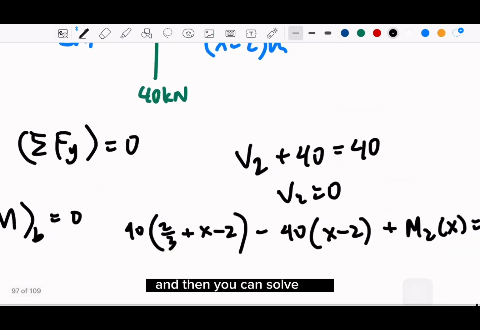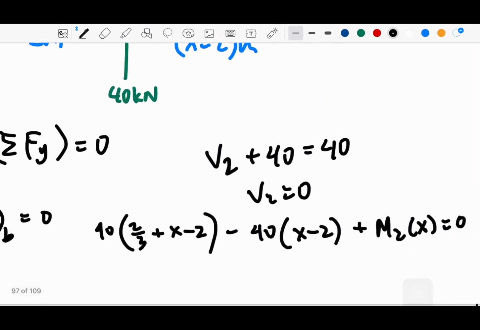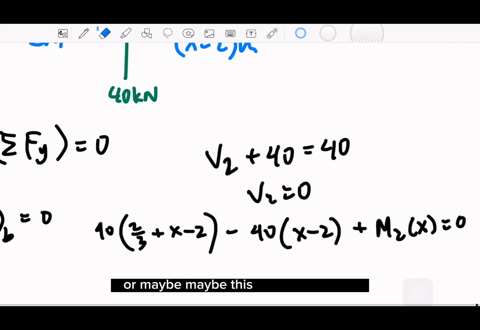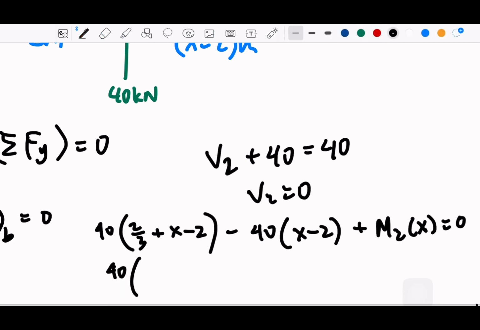And then we can solve this. So this will be negative 2/3 plus x. Or maybe we factor it.